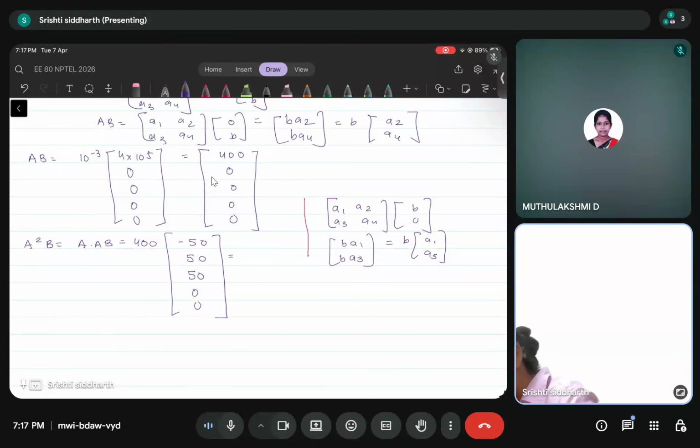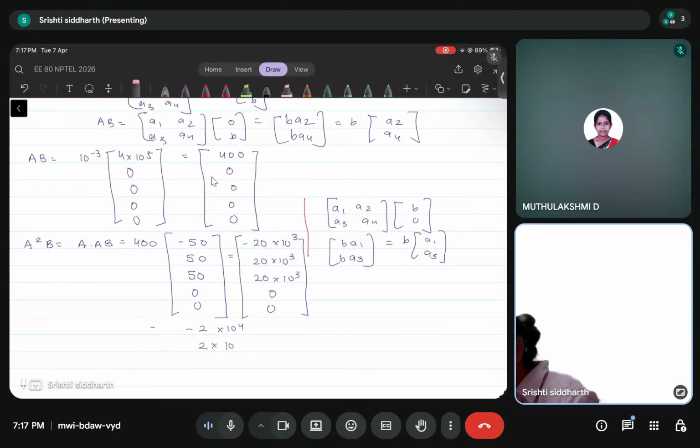So this becomes 10 to the power 3 and 20 into 10 to the power 3 and 0, 0. Or you can just write as minus 2 into 10 to the power 4.